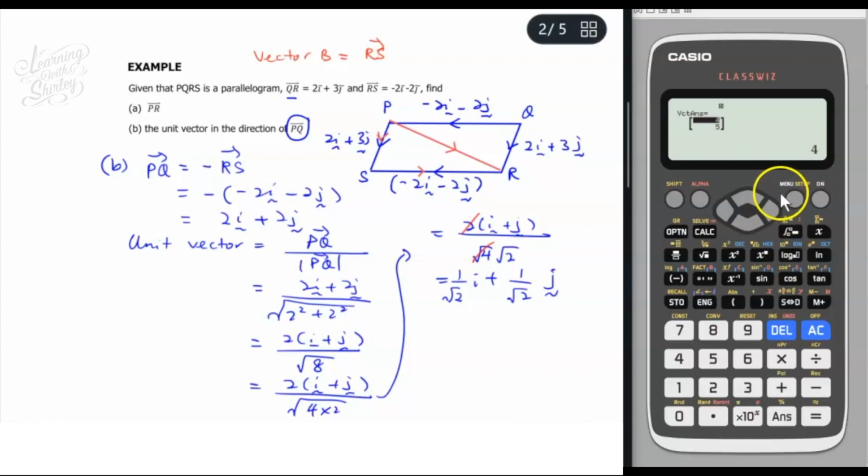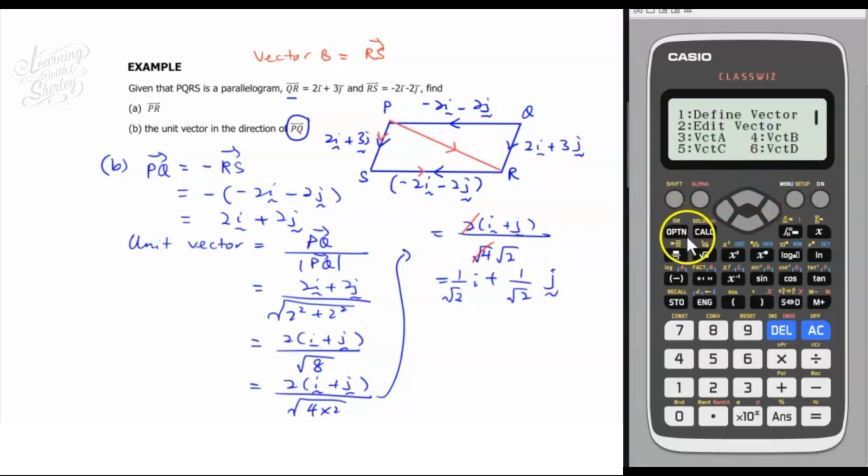So you go to option, go down, and you see unit vector, number 4. Press number 4. You want to find the unit vector of negative RS, which is negative B. So you press negative first, and then you go to vector B.